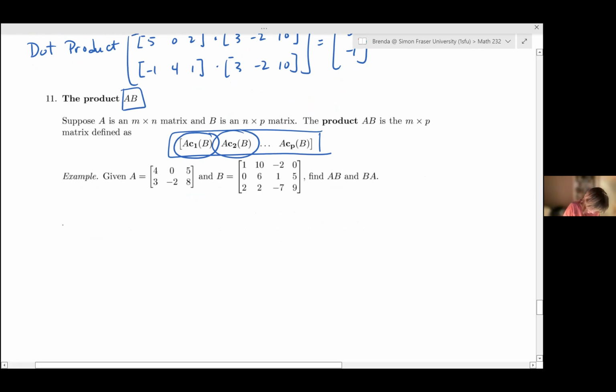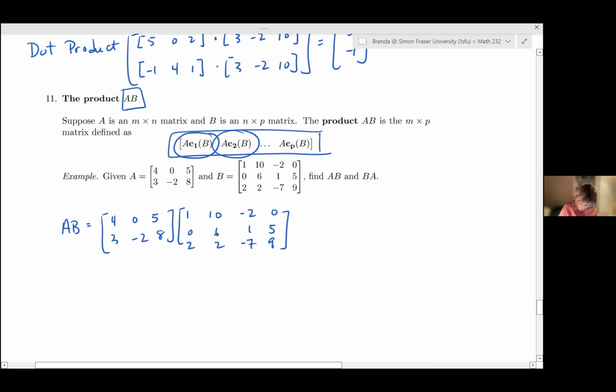So we're going to multiply A times B. And so I'm going to write them down. There they are. There's A. And I'm going to multiply that by B. Okay, first thing I gotta do is check that I can do this.